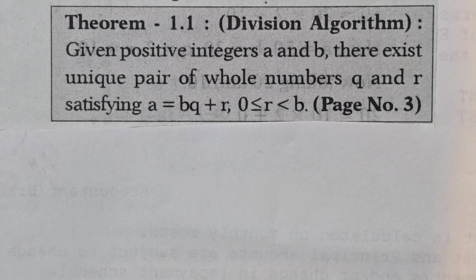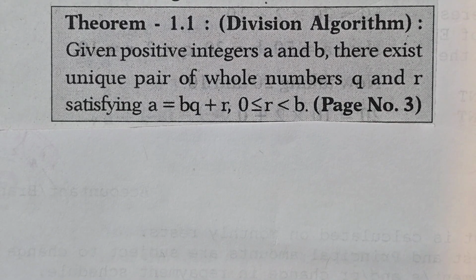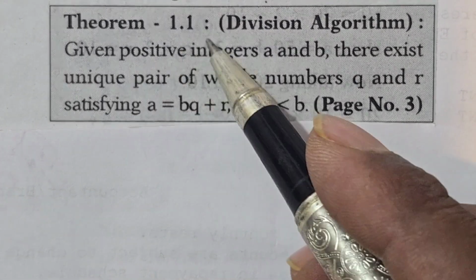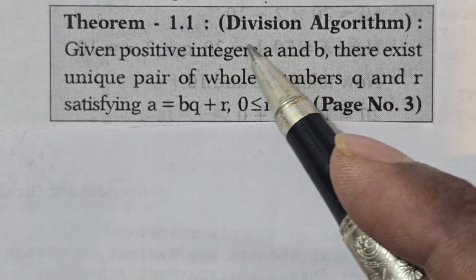Theorem, division algorithm: given positive integers a and b, there exists a unique pair of whole numbers q and r satisfying the equation a equal to bq plus r, where r is greater than or equal to 0 and less than b. What is the division algorithm theorem?